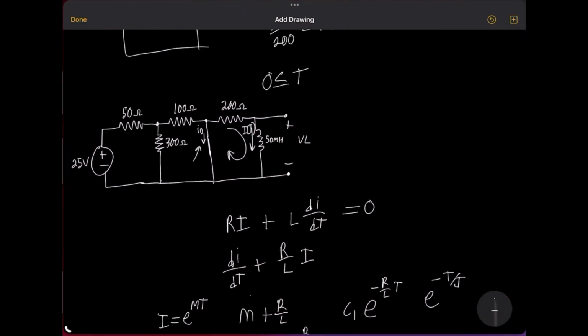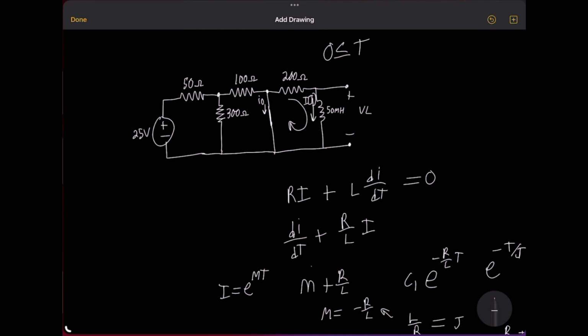What is I of 0 plus, right? So at 0 plus, we still have this current right here equal to 62.5.